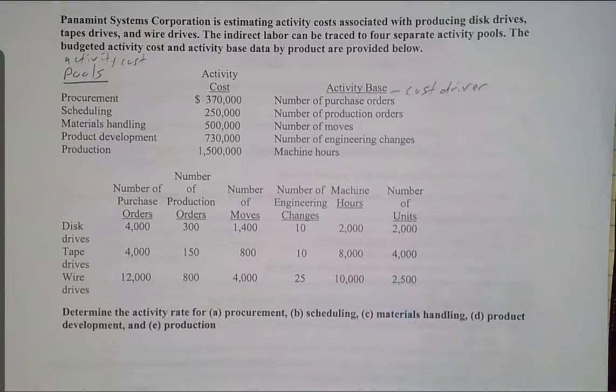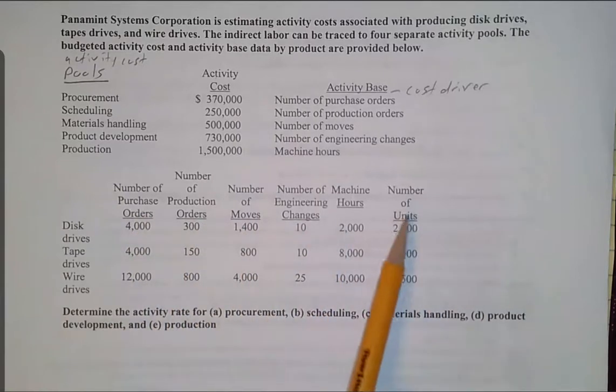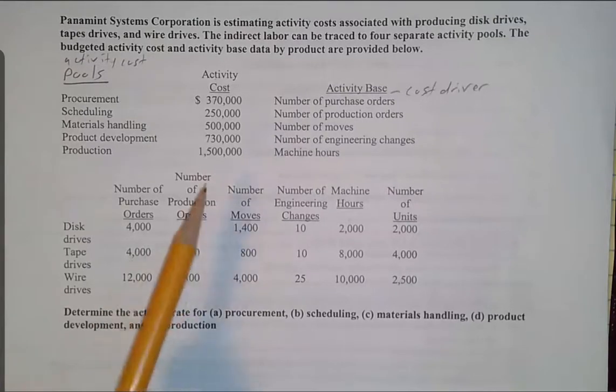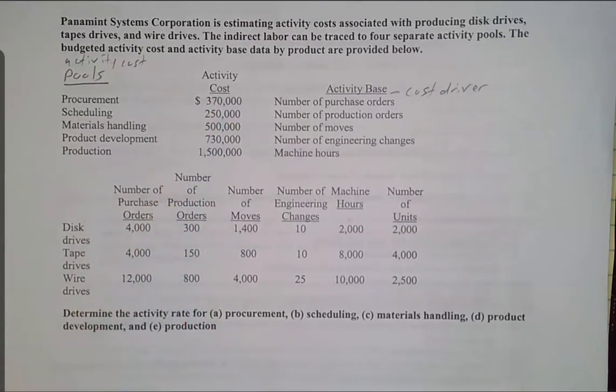Let's see, do we have to do number of units? No, we do not. So we need these first 1, 2, 3, 4, 5 numbers. This is how many we actually made over here. We won't need that column to answer this question. And then we're going to divide the total that we come up with for each one of these cost drivers into the estimated activity cost, and that's going to give us our activity rate.